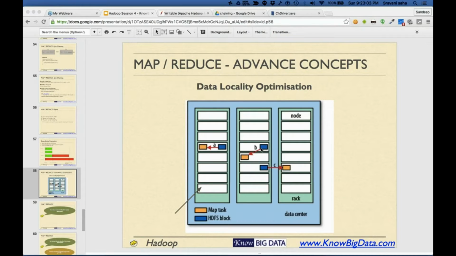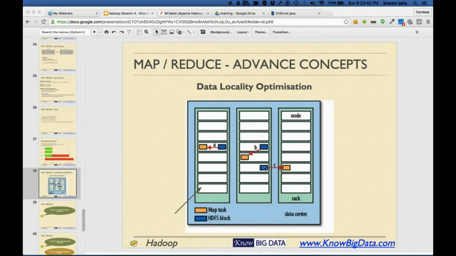In those cases, the task tracker executing the map task might be working on the same rack but a different node. But in the worst case scenario, the task tracker is running on some other node and the HDFS block is on some other node.